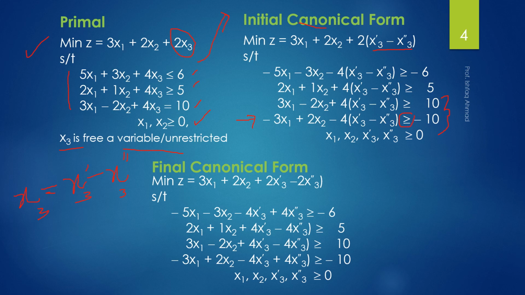From this initial canonical form, in the objective function we have 2 with x3 dash, so it's 2x3 dash, and 2 with minus x3 double dash, so minus 2x3 double dash. So with this final canonical form, we have a minimization objective function with 4 constraints, and all variables here are restricted or non-negative.